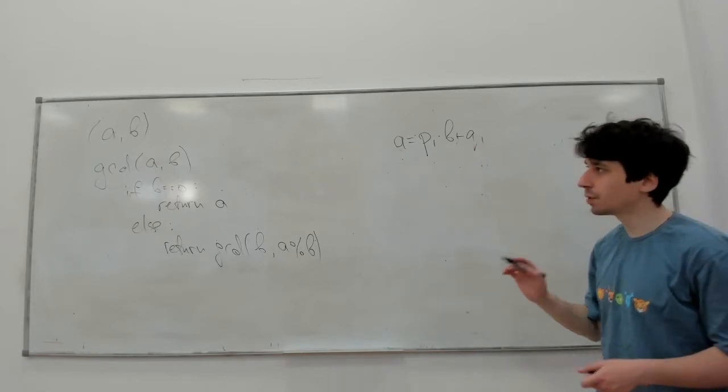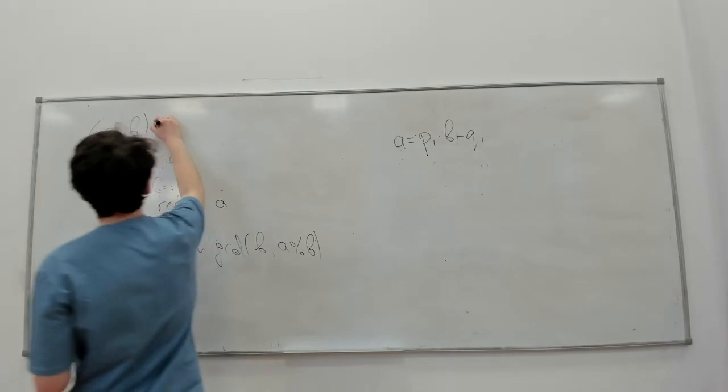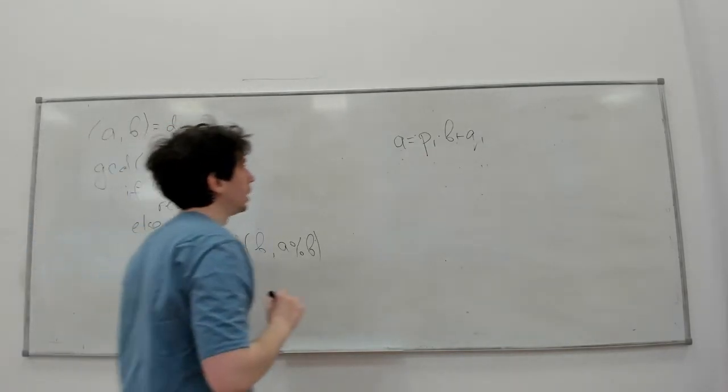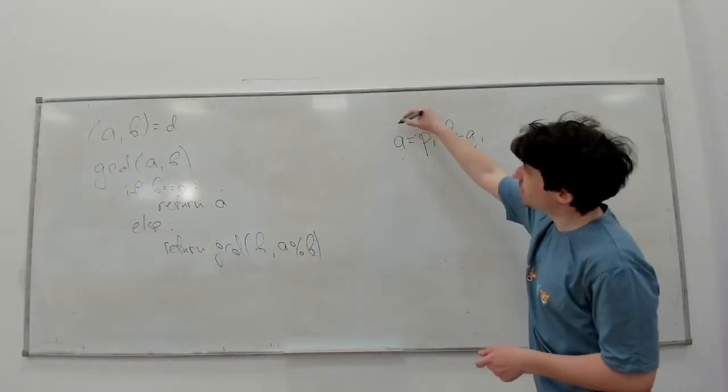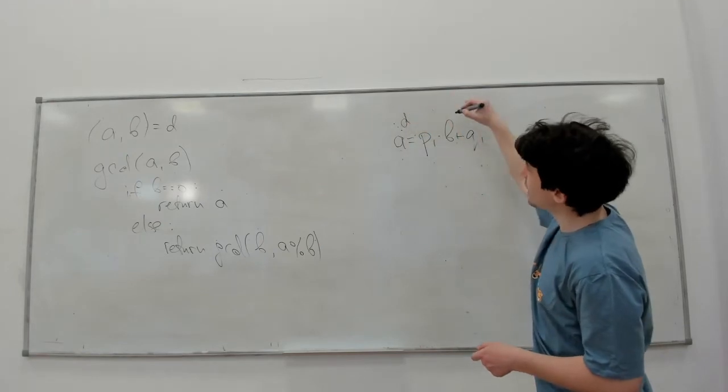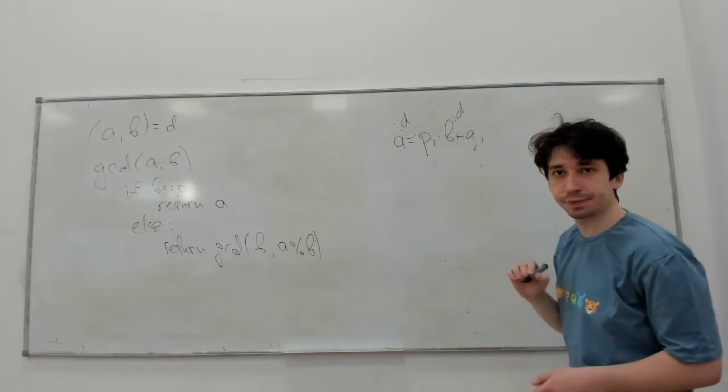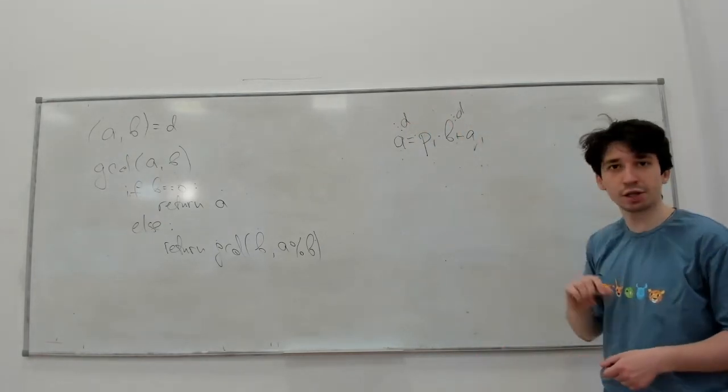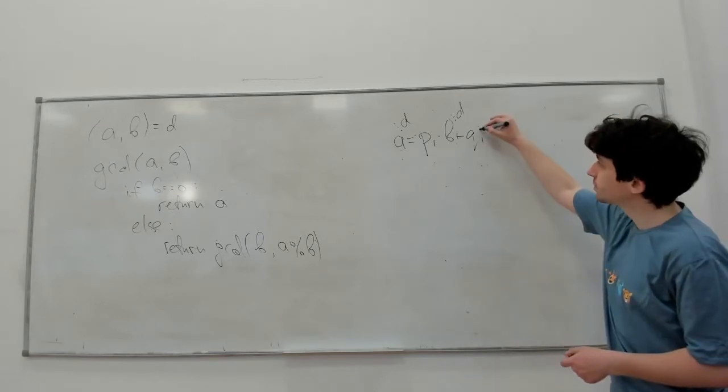Suppose we want to find the GCD, which will be d usually. You see that A is divisible by d and B is divisible by d. Then q1 is also divisible by d.